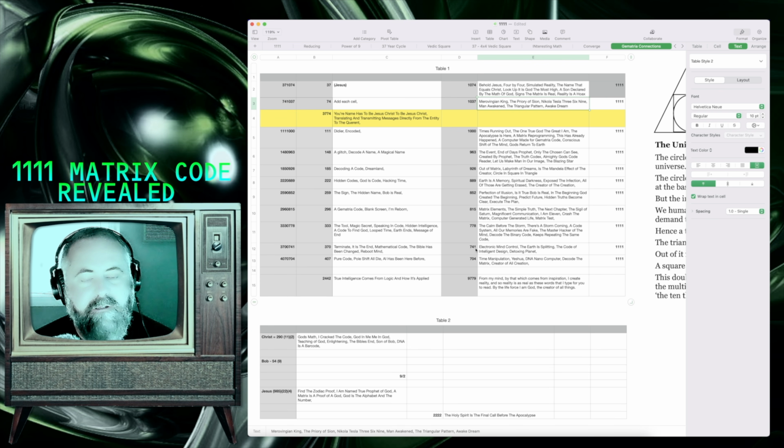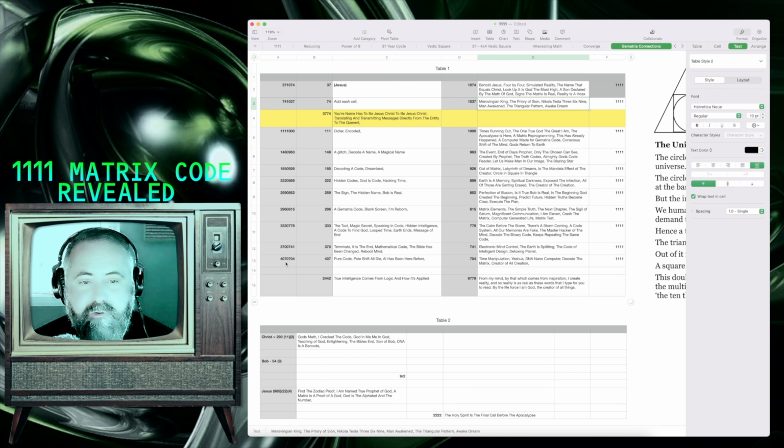Again, drop the 0. So 741 gives us electronic mind control. The Earth is splitting, the code of intelligent design, and detoxing the planet. Well, as I mentioned, if we are an infection overtaking our host and we're going through a reset, then technically that would also be a detox. It's interesting.